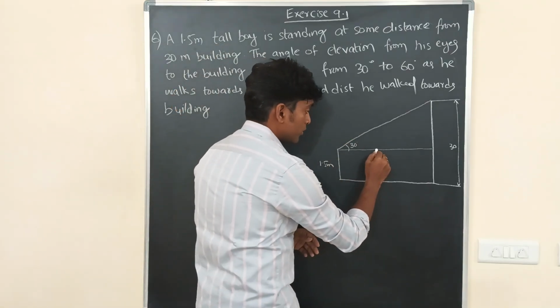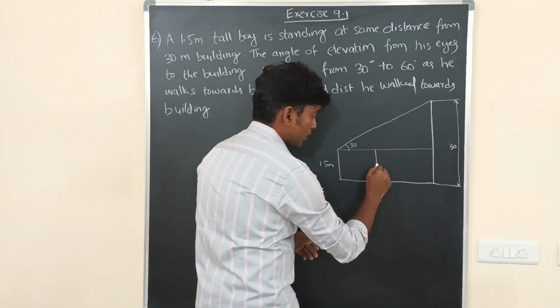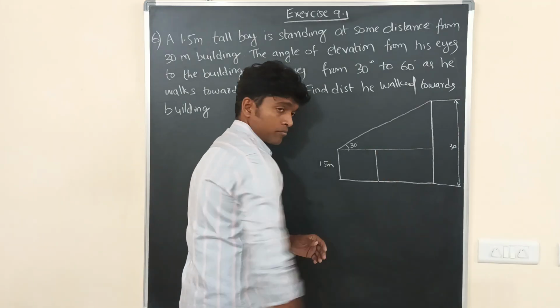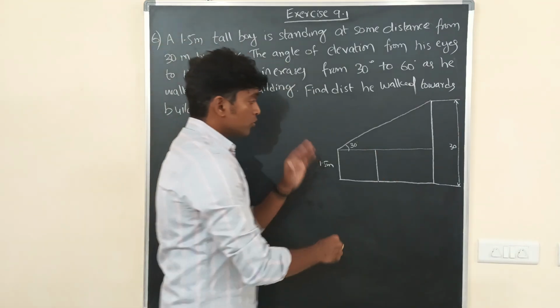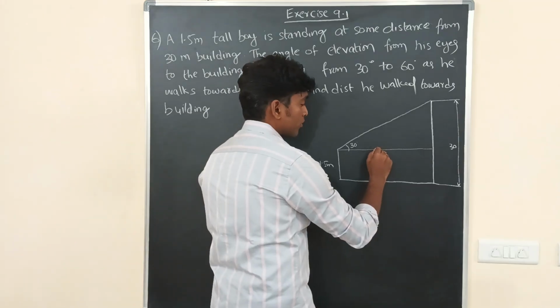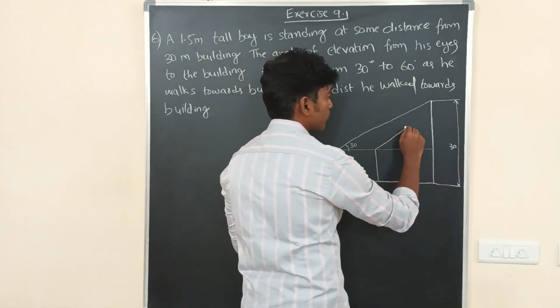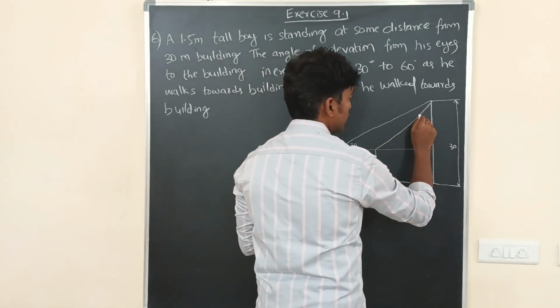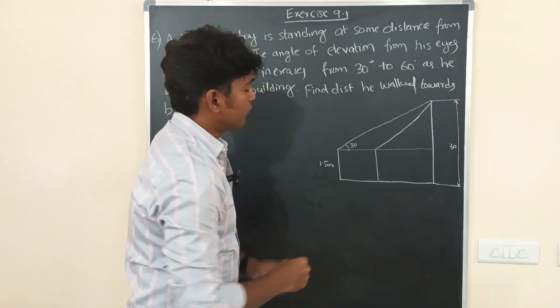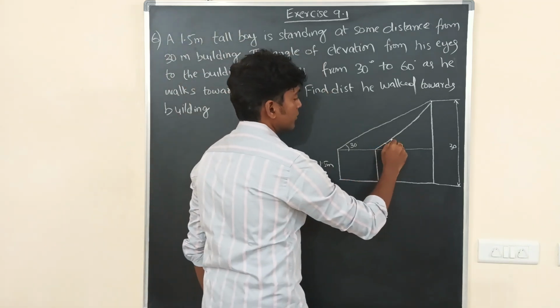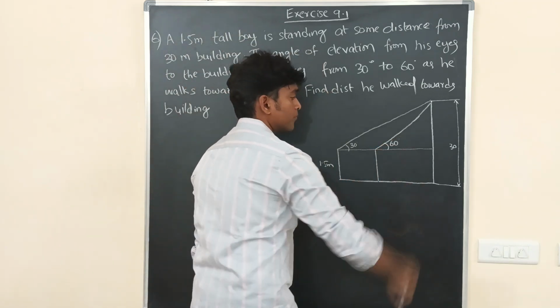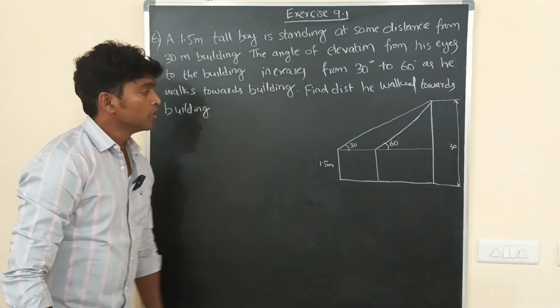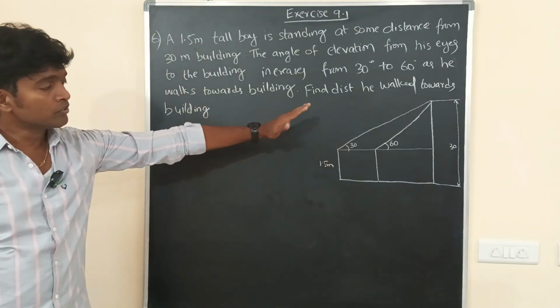Assume the person has reached here. Again looking at the top of the building from here, the angle of elevation will be 60 degrees. Understand now? Simple thing.